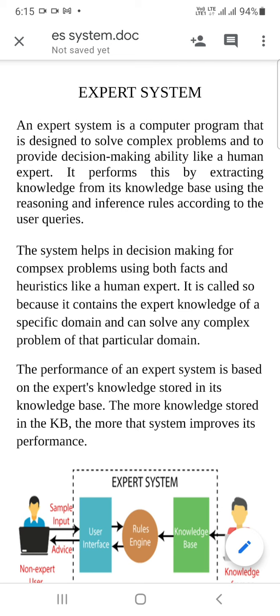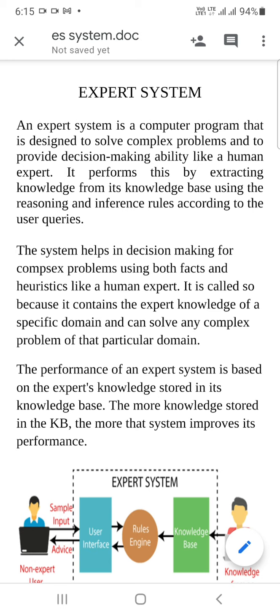So what happens? Expert systems also have decision making like a human in a particular area. Next, it performs by extracting knowledge from a knowledge base.